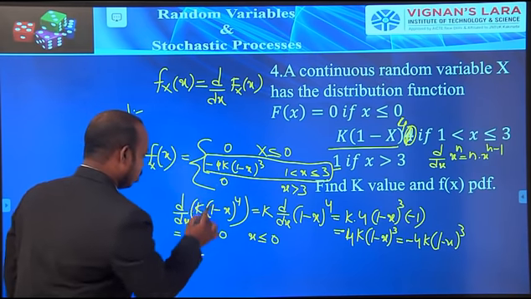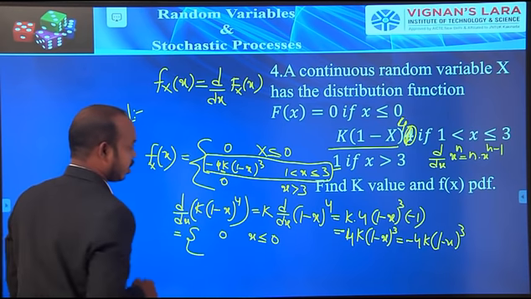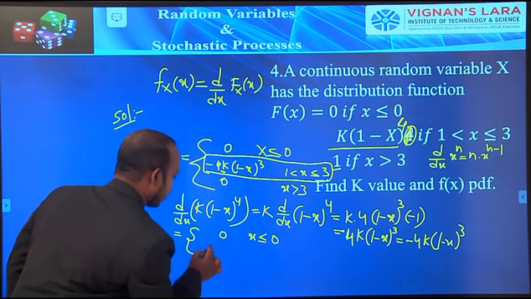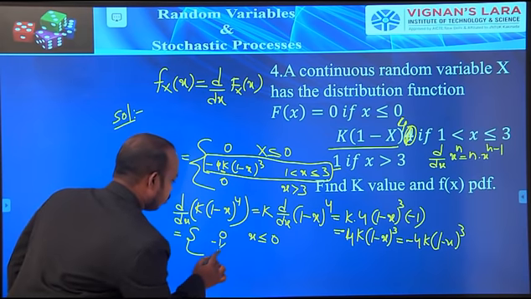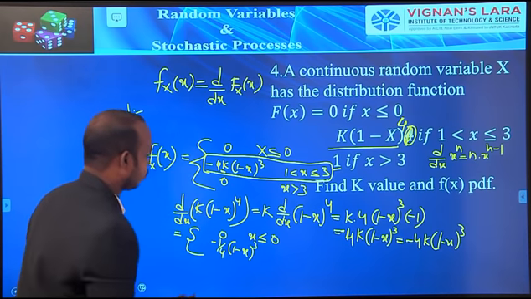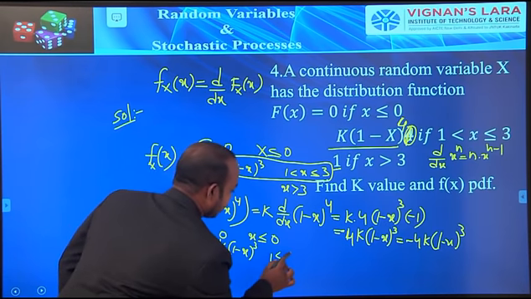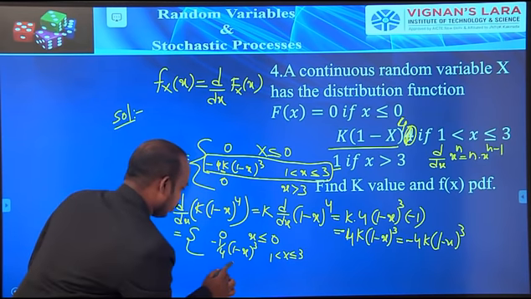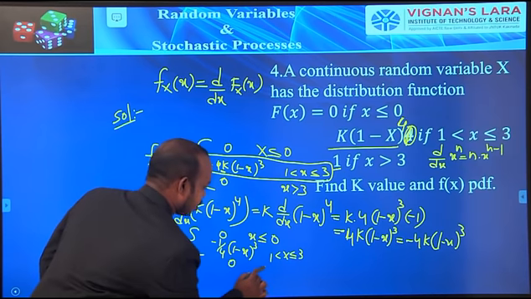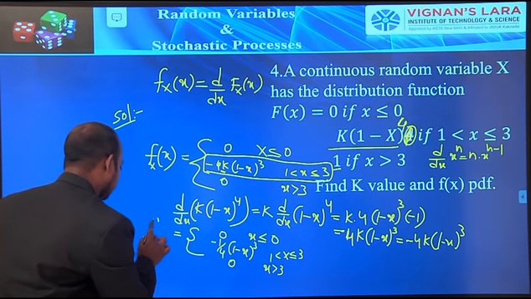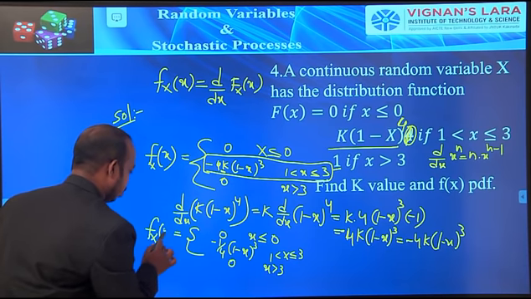In the second one, I substitute 1 by 16, so the 4 and 16 cancel, and the remaining value is minus 1 by 4 times (1 minus x) whole cube, for the interval 1 less than x less than or equal to 3. The density is 0 when x is more than 3. This is the finalized density function for the given problem.